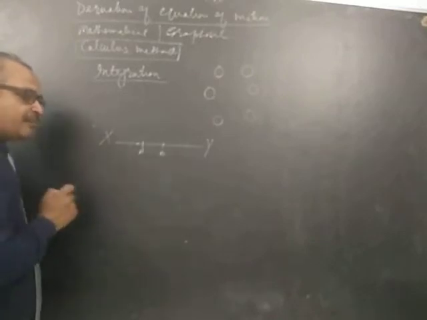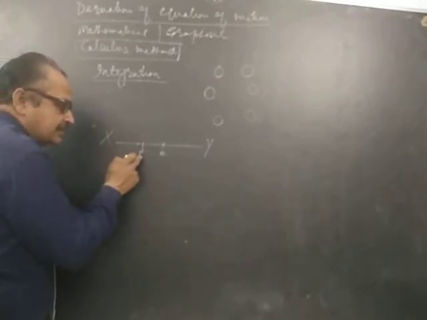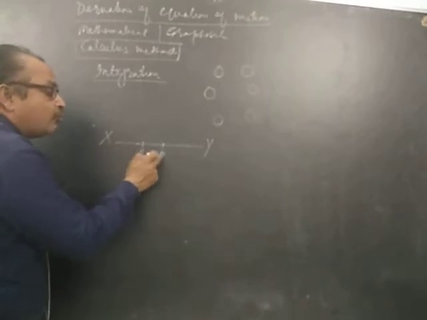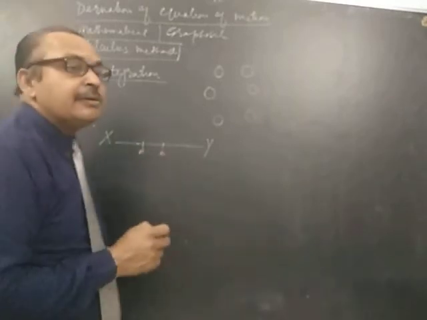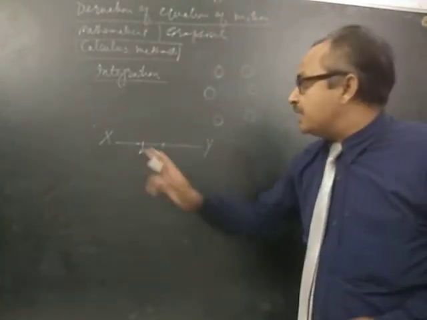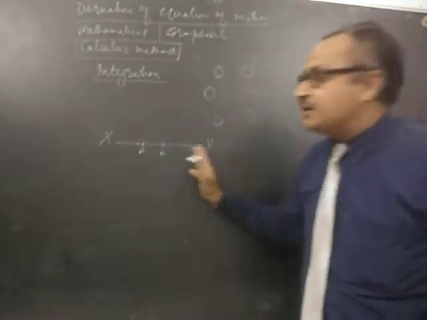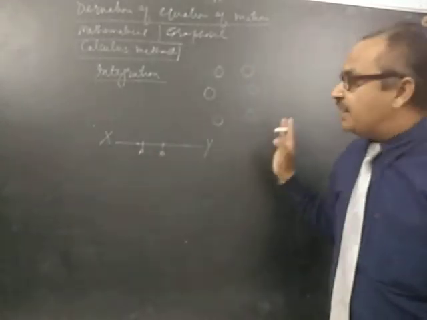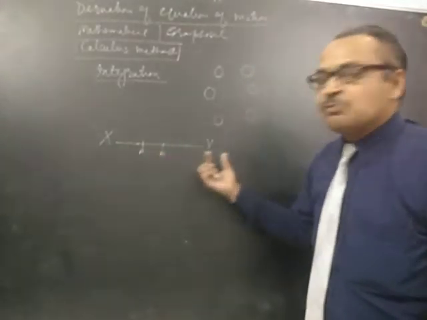But let us see the motion or movement of this body during A to B. Try to understand. I have differentiated, that means I have divided the entire part into small parts.